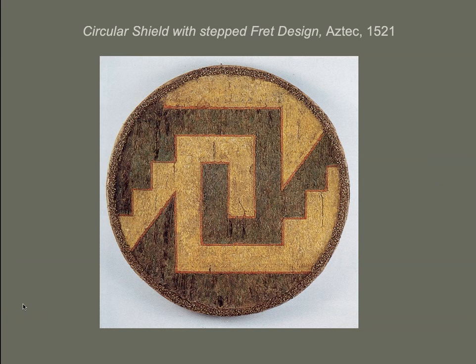Sometimes when we're looking at an artwork, both the light figure and the dark background, in this case, could seem to be interchangeable. So here in this work, a circular shield with stepped fret design from the Aztec culture from 1521, we're seeing a work in which you really can't tell which one is the background and which one is the foreground.